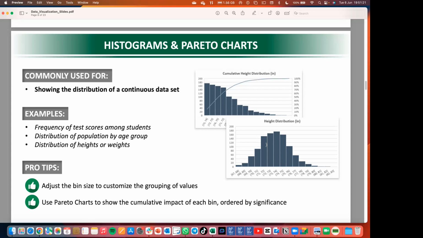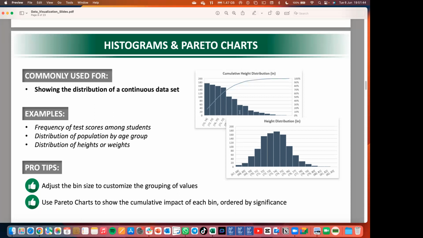I gave you an example of age in the plant. So here we go. I will not repeat it. So here they say the examples: frequency of test scores among students, distribution of population by the age group, distribution of height by the weights, a lot. You can do a lot of the examples which come up with histogram or Pareto.